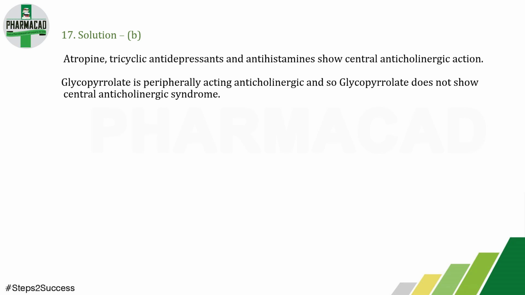So the solution here is option B, that is glycopyrrolate. Remember, atropine, tricyclic antidepressants and antihistamines, all these three classes of drugs show anticholinergic action. But glycopyrrolate is a peripherally acting anticholinergic, and so it does not show the central anticholinergic syndrome.